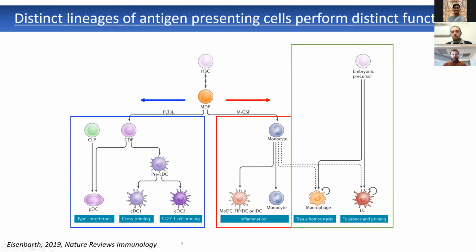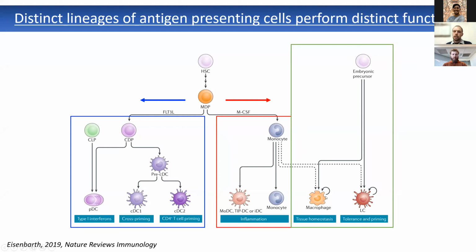The one type are the conventional dendritic cells, which develop in the bone marrow in all mammals from hematopoietic stem cells under the control of FLT3 ligand, and then divide into different lineages of conventional dendritic cells. You have a second group of monocyte-derived cells, which also derive from bone marrow hematopoietic stem cells and are under the control of MCSF or GM-CSF.